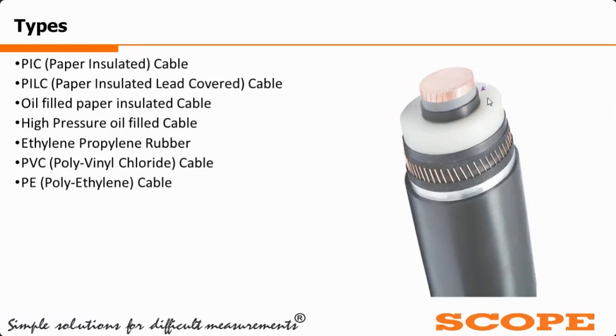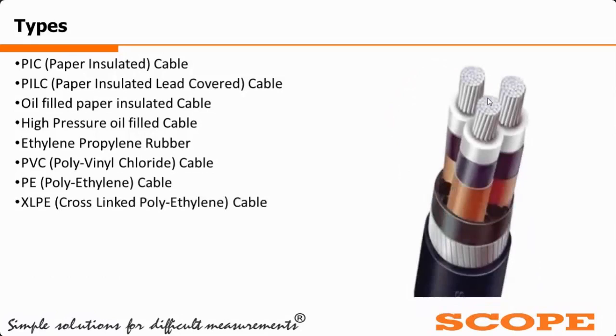So that's why the next type of insulation evolved, which is called cross-linked polyethylene. The name is given according to the manufacturing process and the type of its insulation layer construction. Cross-linked polyethylene cable is used for very high temperature applications, mainly up to 300 degrees centigrade.